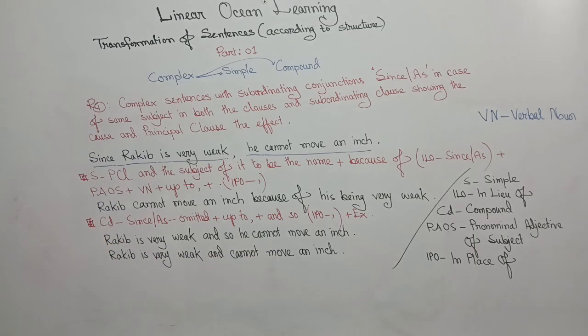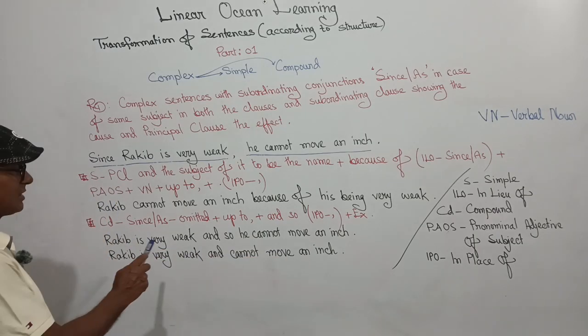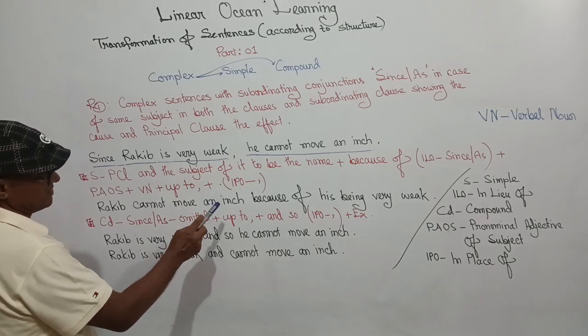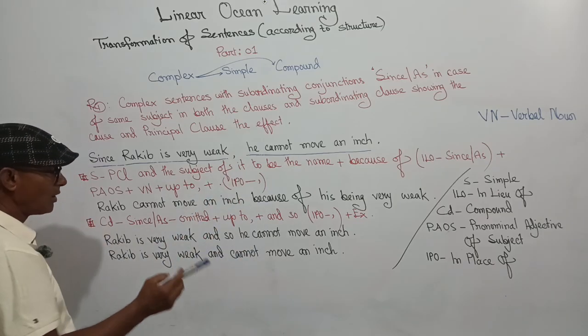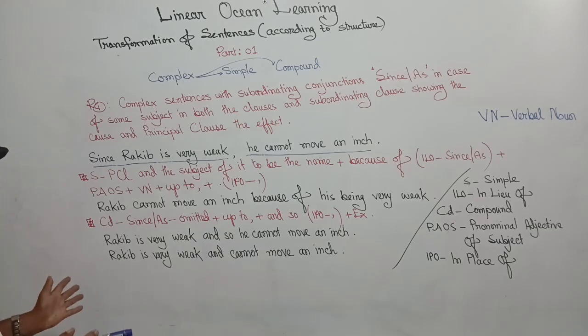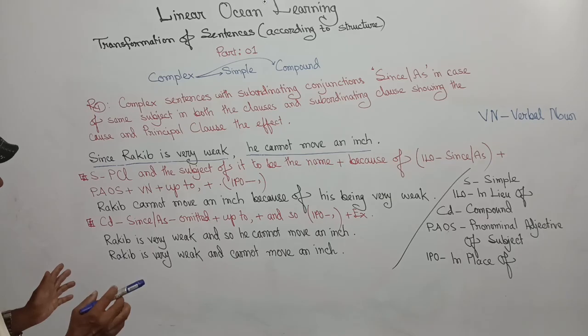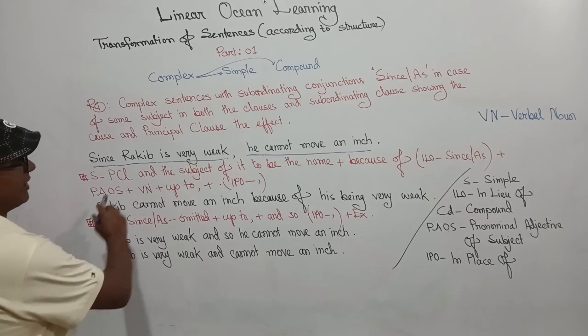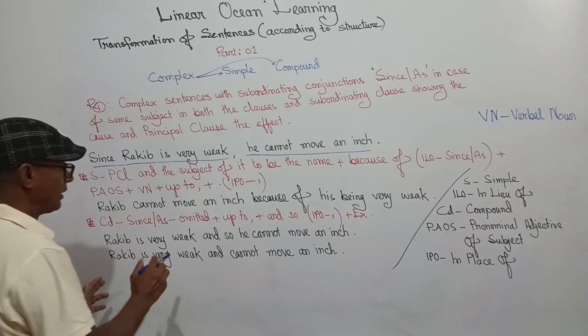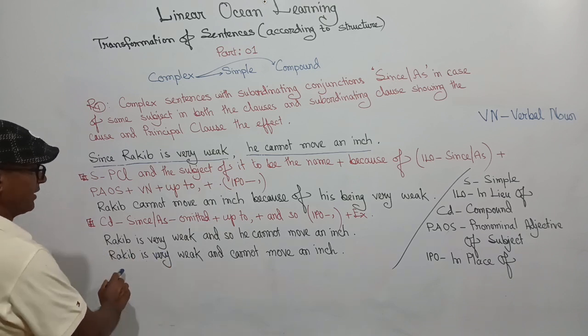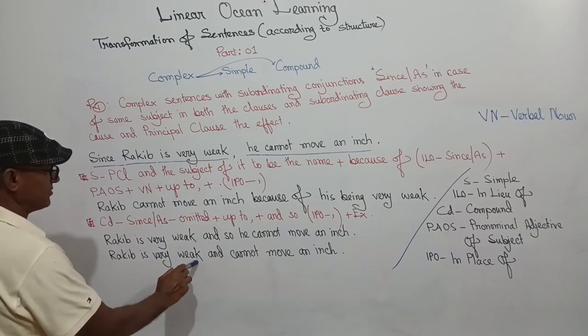But there is a complication in this case, because here the subject he is omitted after and. Why? Because the subject of both the clauses is Rakib, and its subjective pronoun is he, and the sequence of tense in both the clauses is present indefinite.